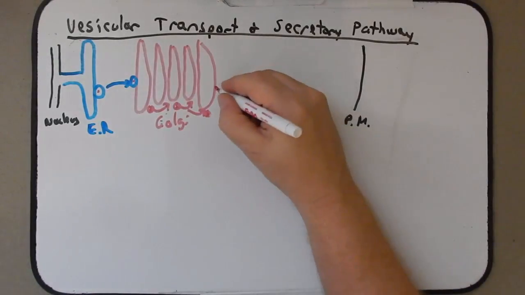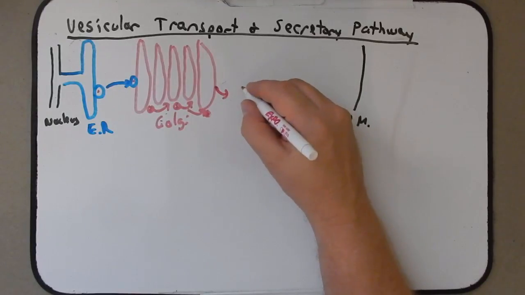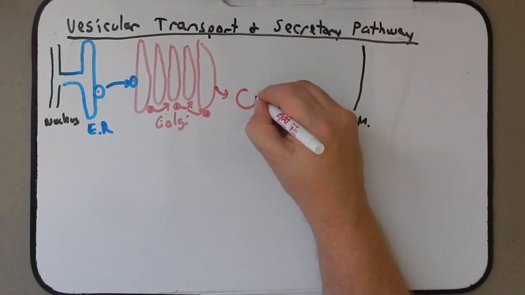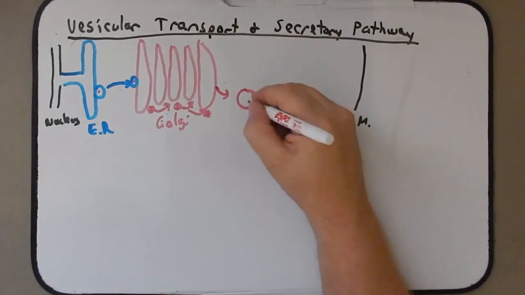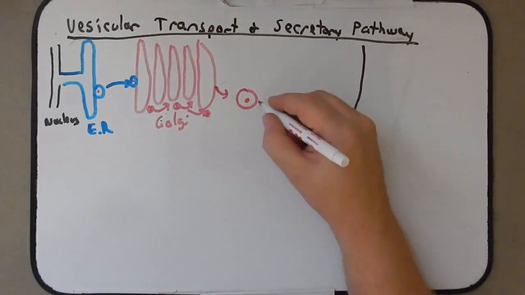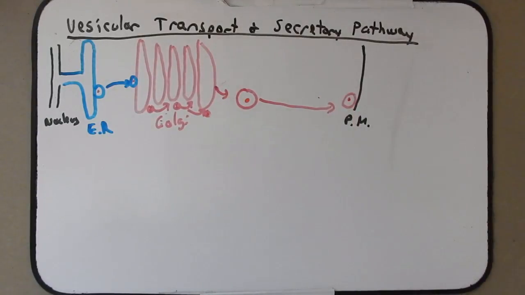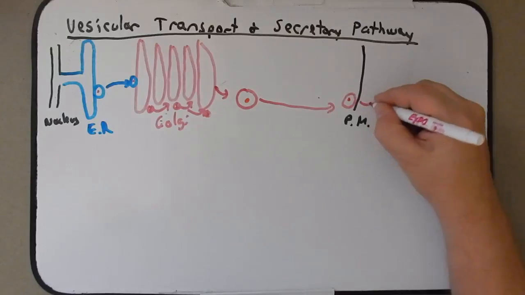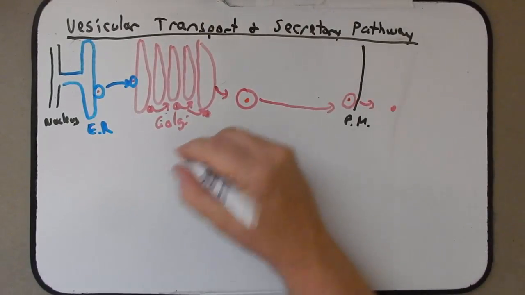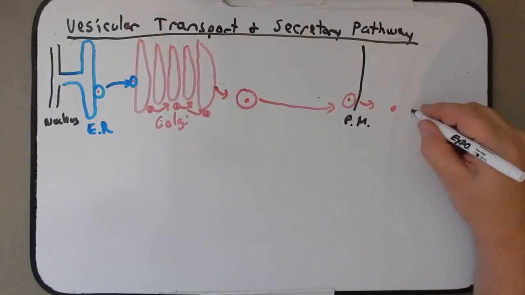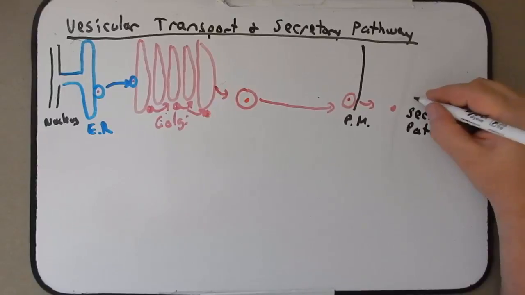And then the vesicle will bud off of this last part of the Golgi called the trans-Golgi, and we'll come to that later. But then we'll have this vesicle here. And it'll contain our transported protein. It will then move to the plasma membrane, where it will fuse with the plasma membrane, thereby releasing the secreted protein.